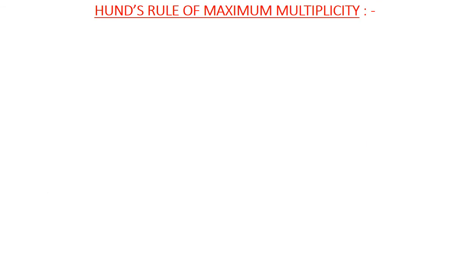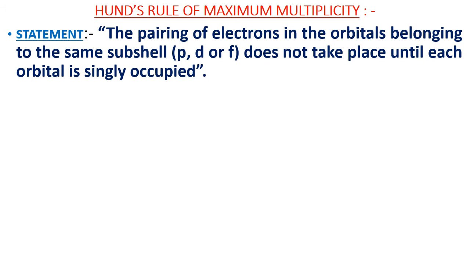Let us know about Hund's rule of maximum multiplicity. The statement of this rule is: the pairing of electrons in the orbitals belonging to the same subshell, that is p, d, or f, does not take place until each orbital is singly occupied.